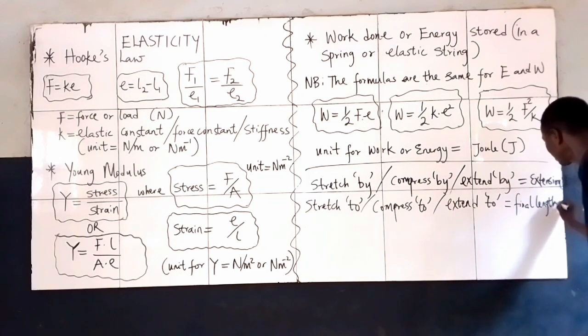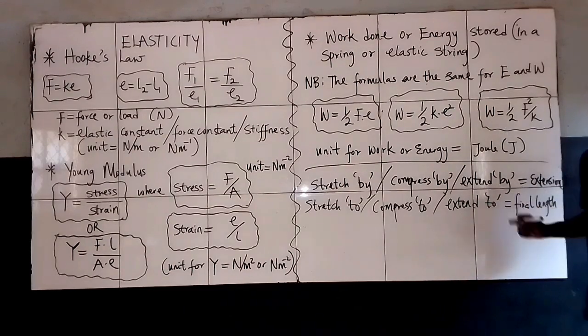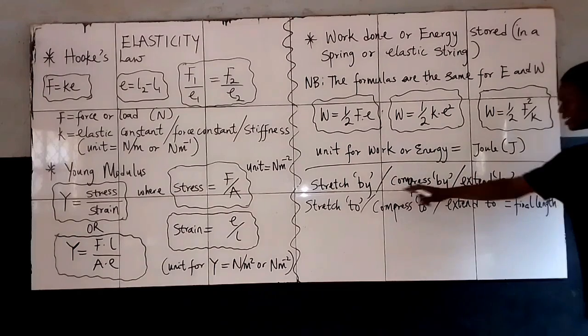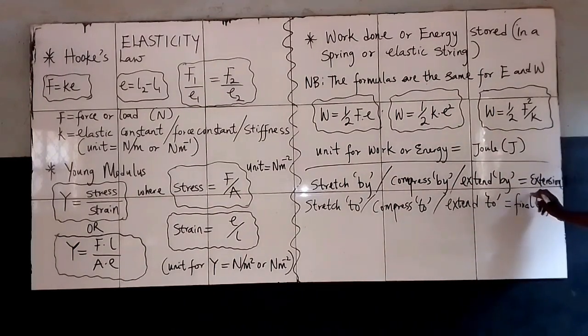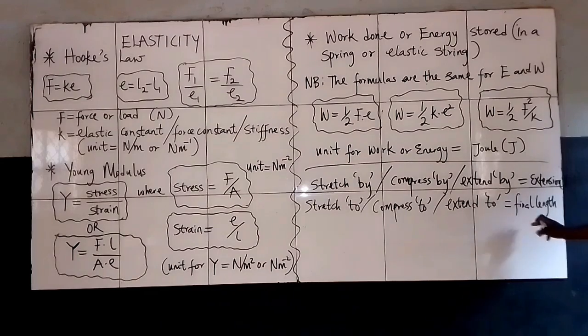And the final length is what? L2. Don't go and make the mistake of using it as your extension. Why am I giving this distinction? Because when this is the case, the value that follows after is for the extension. But when this is the case, the value that follows after is for the what? Final length. So you know the difference between the two.